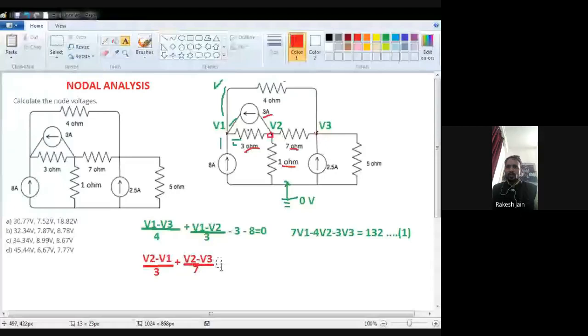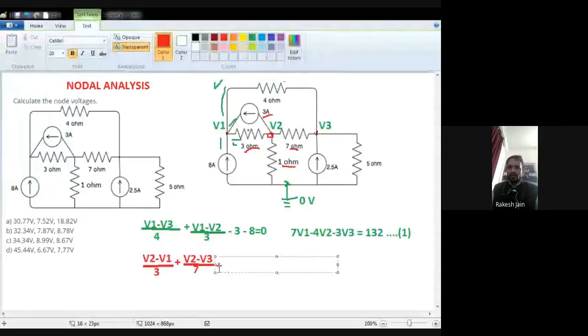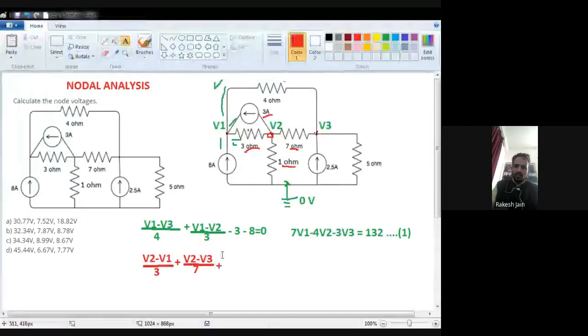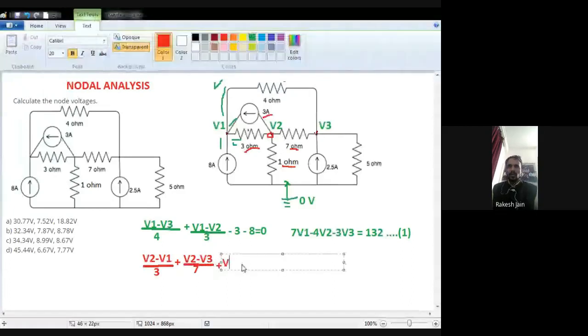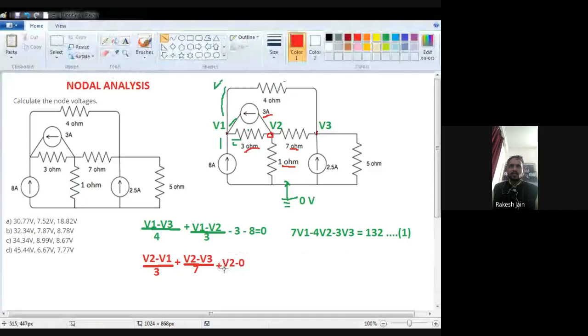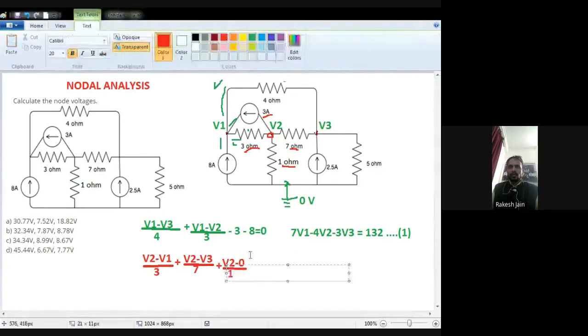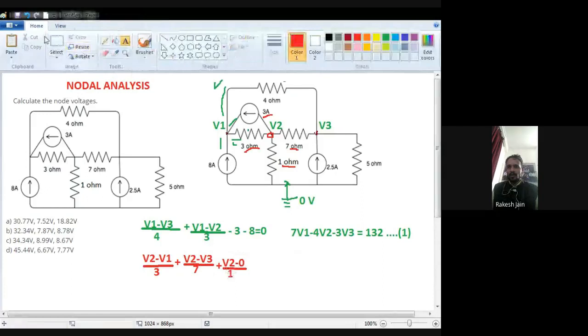Then plus, I am going to write down the equation for the 1 ohm resistance. So V2 minus 0, because the other node voltage is 0 here, divided by the resistance, and the resistance is 1 ohm only. Then I am going to write down the equation for the last branch, that is a current branch of 3 ampere.